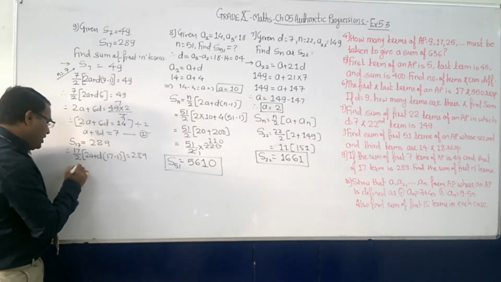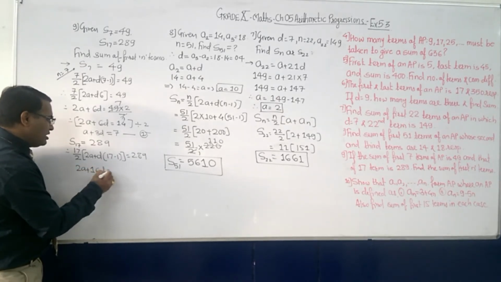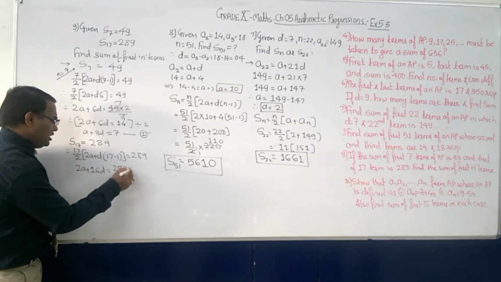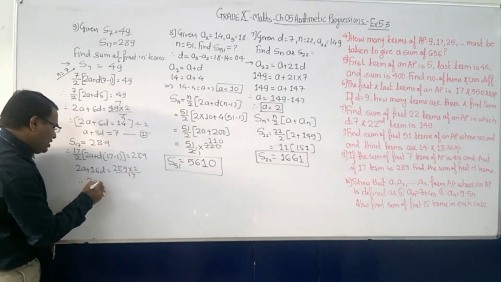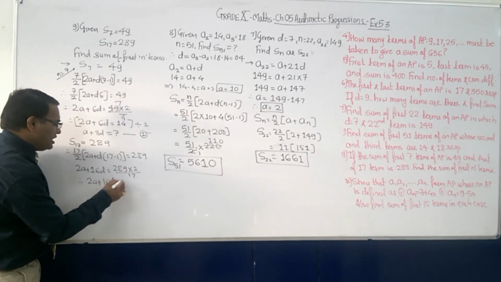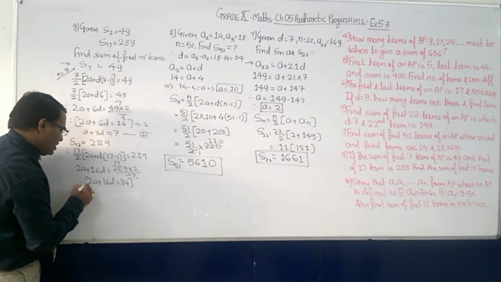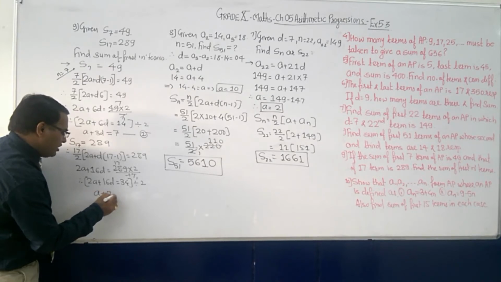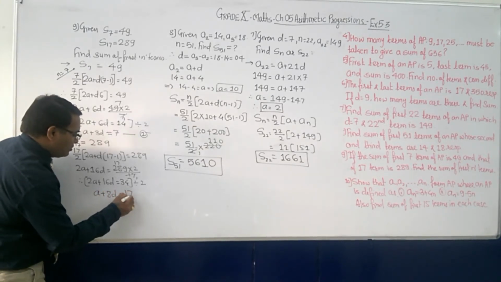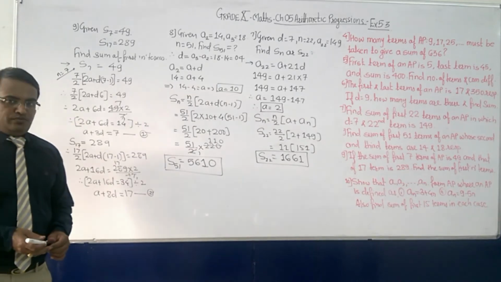So 2a, then 17 minus 1 is 16d. 289 into 2 divided by 17, therefore here we get 2a plus 16d equal to 34. Again, if you divide it by 2, you get a plus 8d is equal to 17. This is equation number 2.